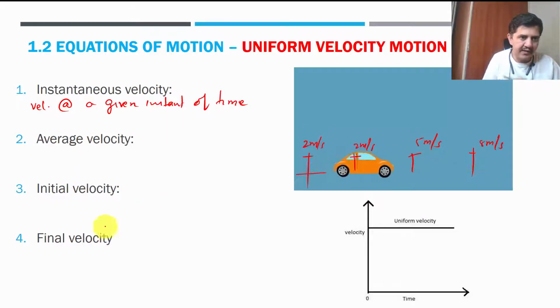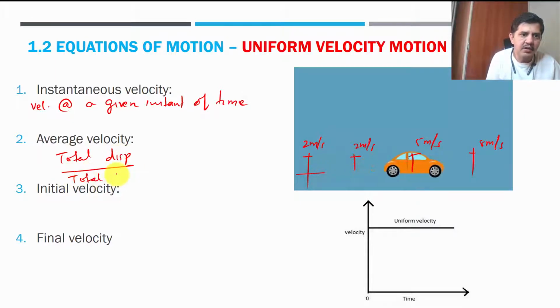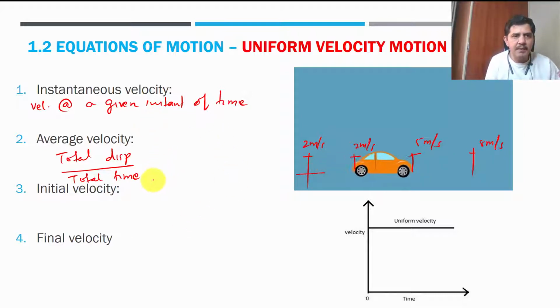Average velocity. Let us look at the second term. Average velocity is given by the formula: total displacement divided by total time taken. This may not be equal to the instantaneous velocity. It can vary.